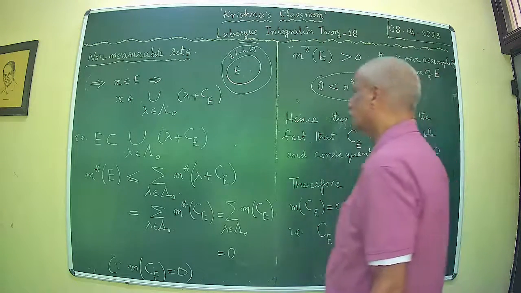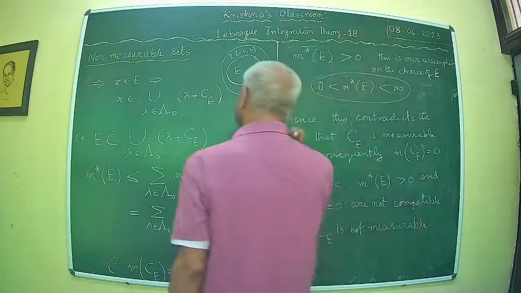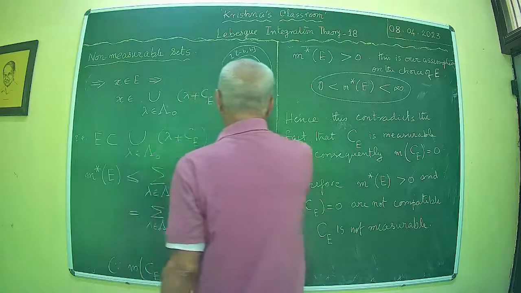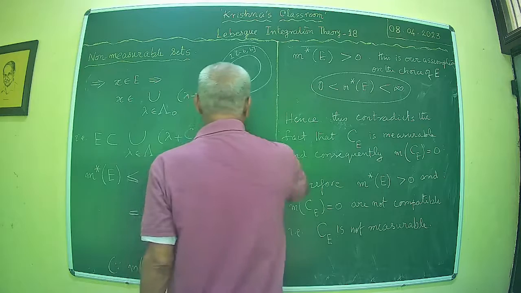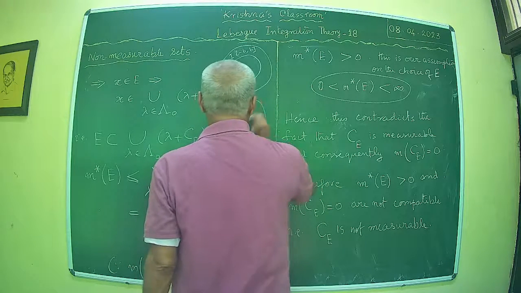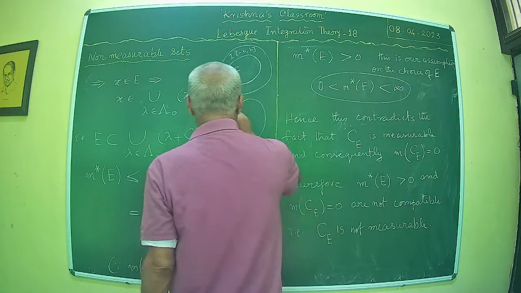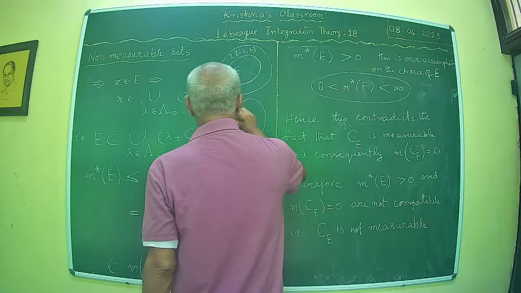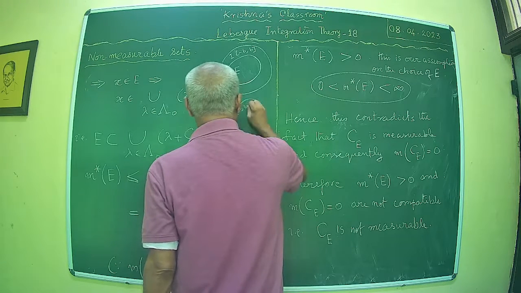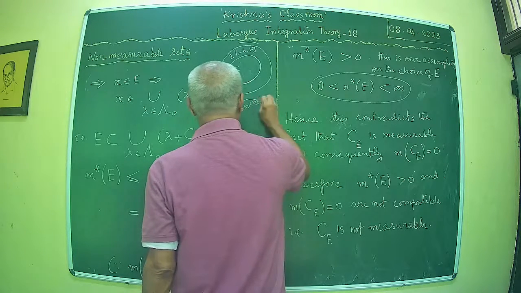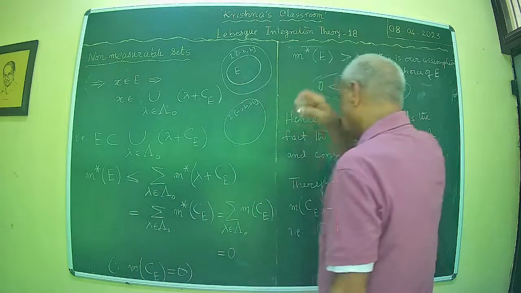Okay. Now what we do is choose a lambda. Choose an interval I equal to minus 2p. Okay.